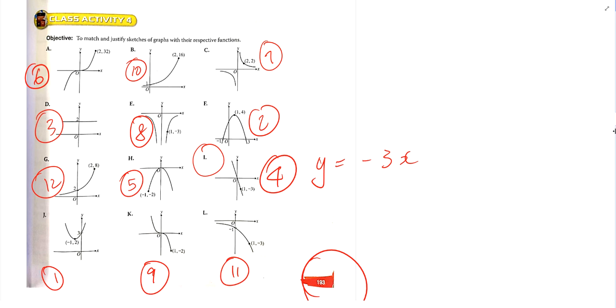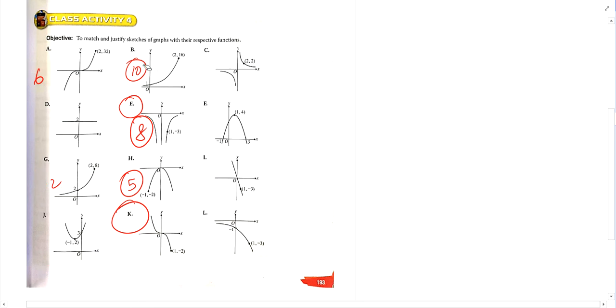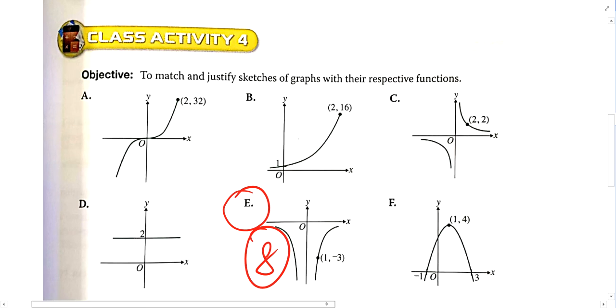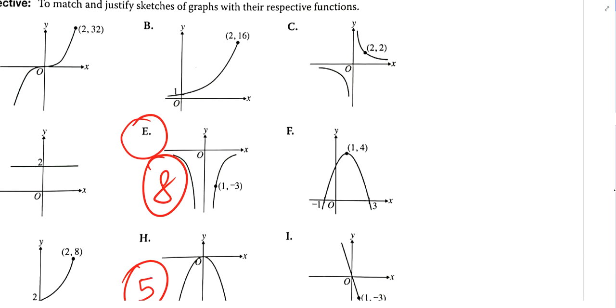K, as well as E. Okay. For equation E, is this a familiar shape for you guys?